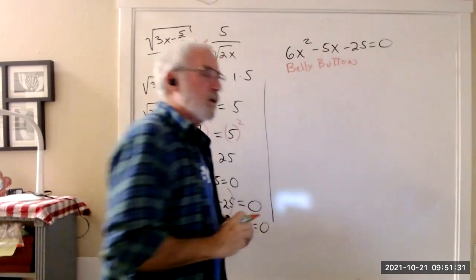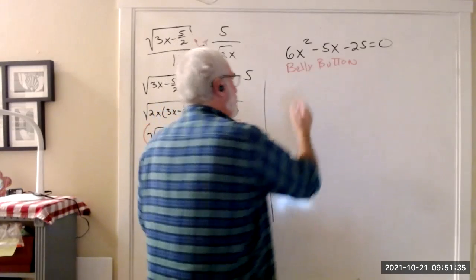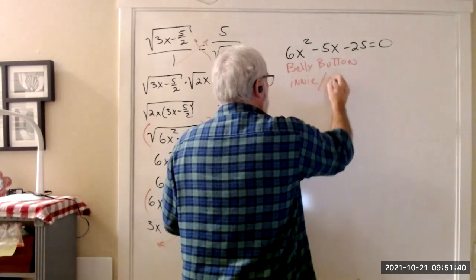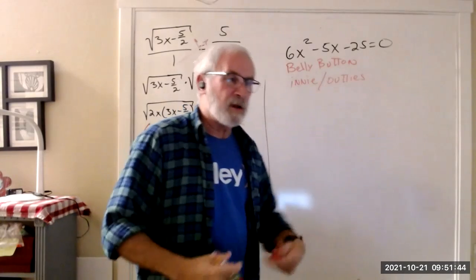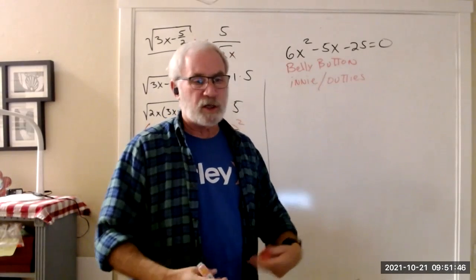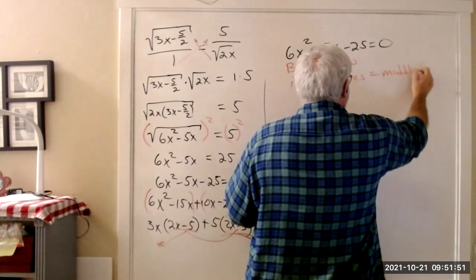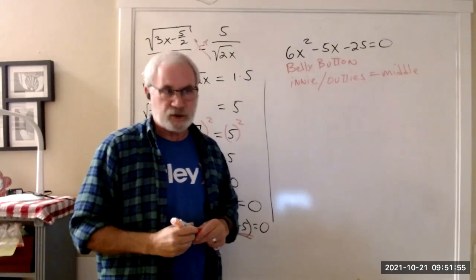The belly button method. We know that there are two types of belly buttons: there's innies and there's outies. And we know that the belly button is located more or less in the middle of your body. I call it the belly button; everybody else calls it guess and check.